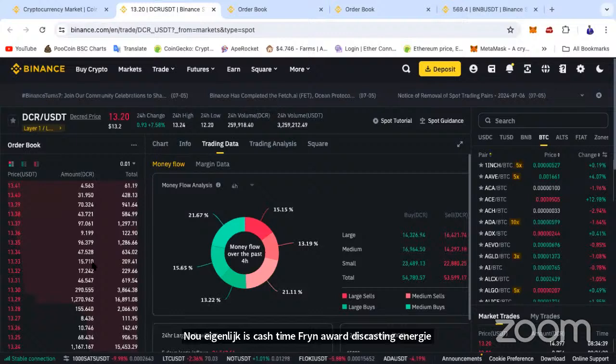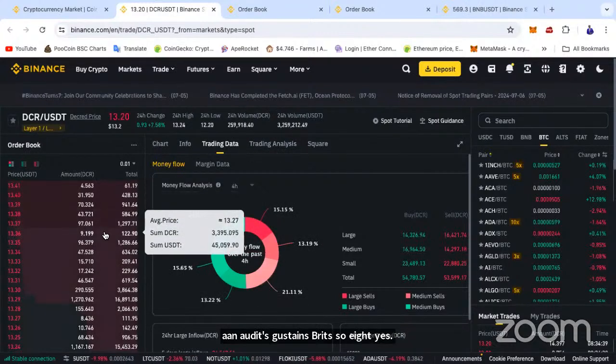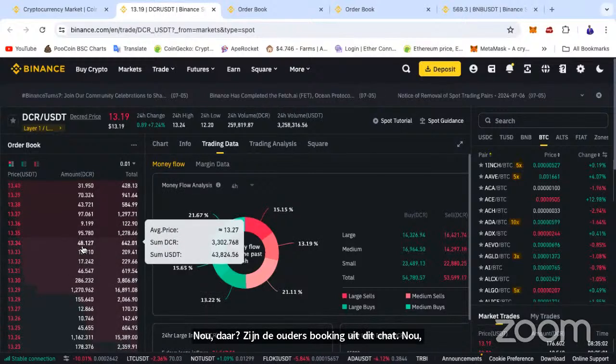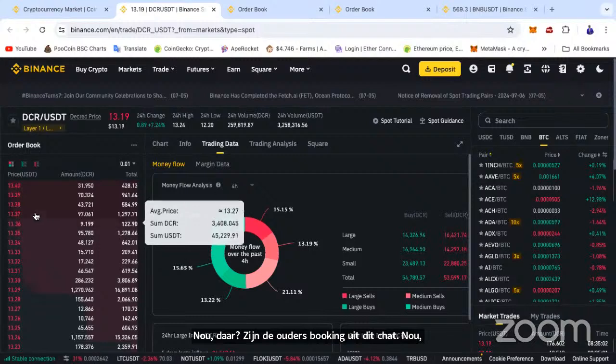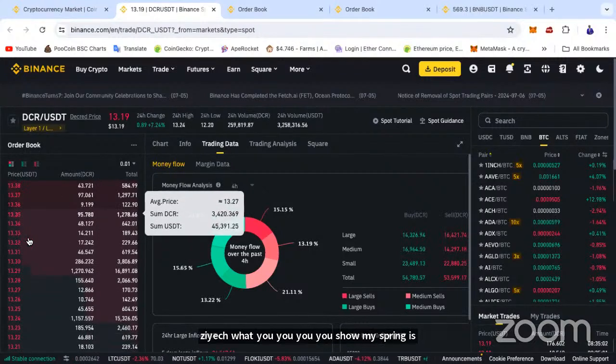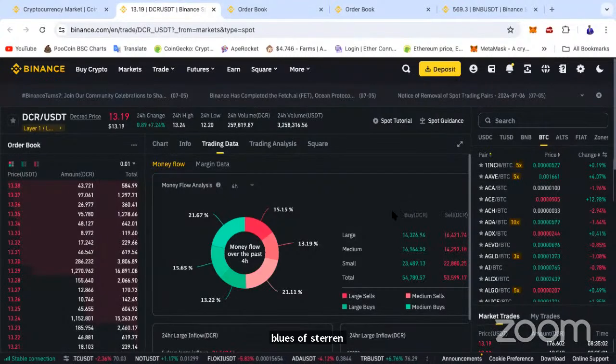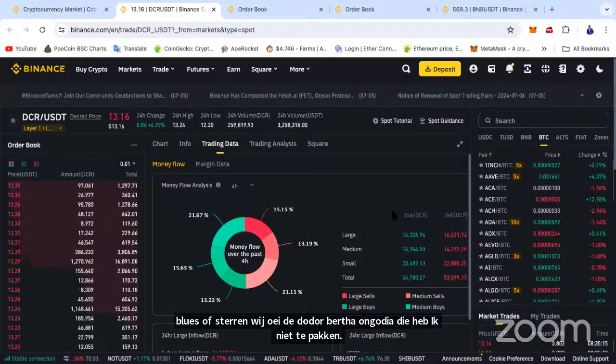Now, the other side, I was looking at the chart. What you see on my screen is the order blocks of sellers, comparing them with the total data on how they are behaving in the market, how money is flowing in the market. I'm using the 4-hour time frame.